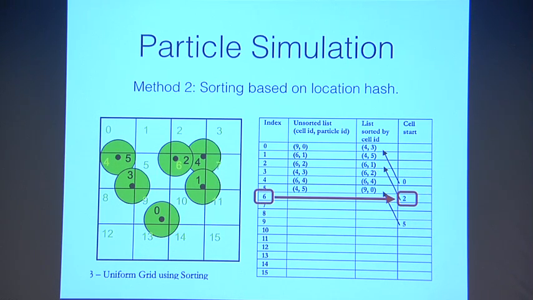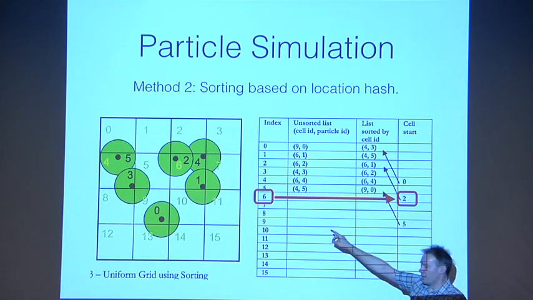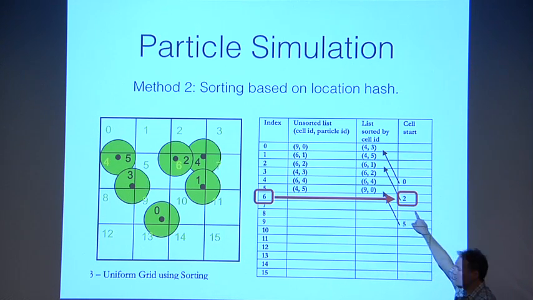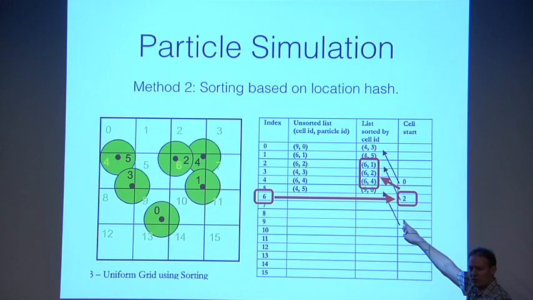And then when I need to do calculations involving cell 6, I just ask, okay, what particles are in cell 6? Go to 6. Okay, they start at 2. Go to my sorted list at index 2 and walk down until I'm no longer in cell 6.